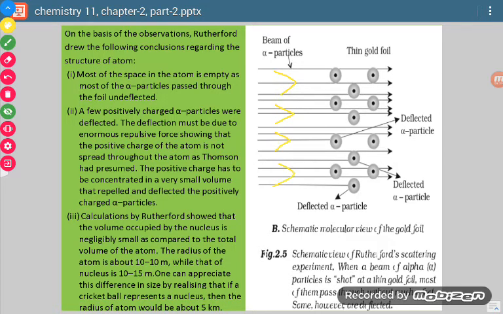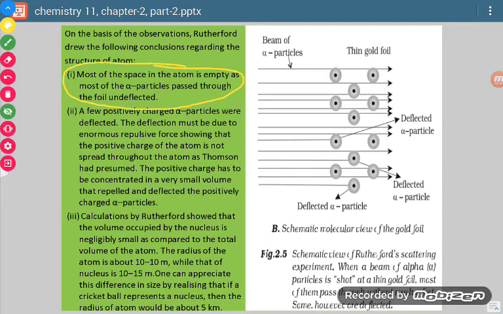These are the incident rays which are going through the gold foil. What we are observing is that this one, this one, this one, these are directly moving ahead. This is the first observation.